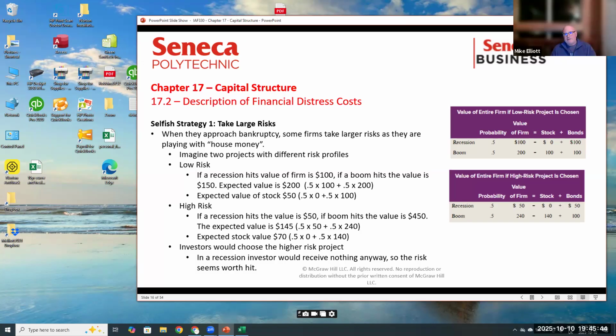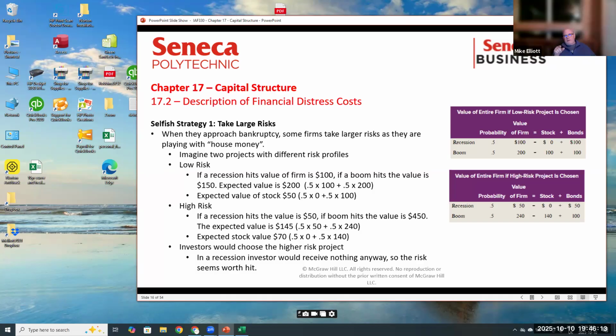If a boom hits, the value is $450. What's the expected value? 0.5 times 50 plus 0.5 times 240, so it's 25 plus 120, $145. The expected value for stock is $70, which is 50% 0 and 50% 140.